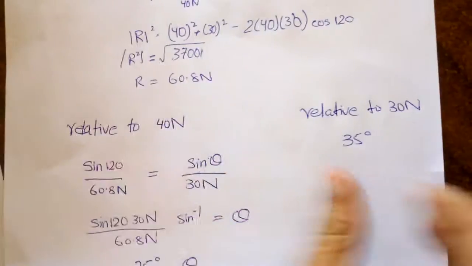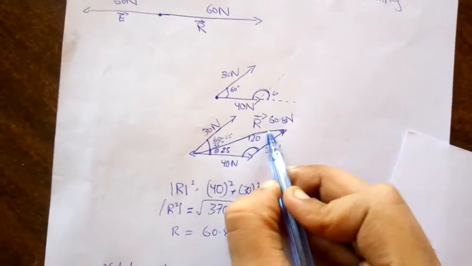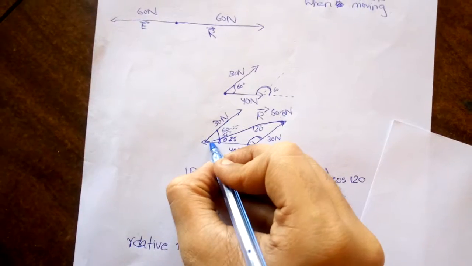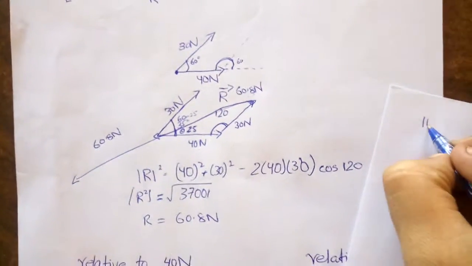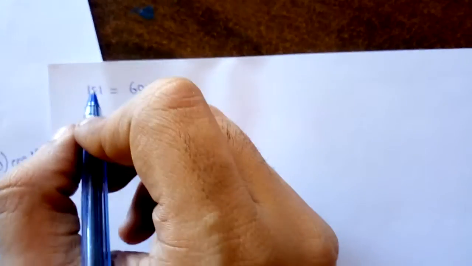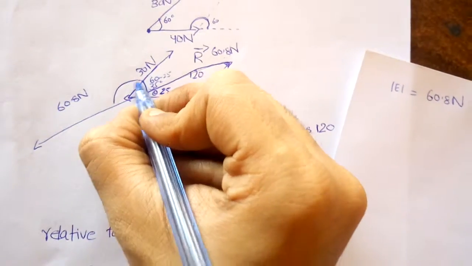And now let's go to the equilibrium. As we know the resultant force is going this way at 60.8 newtons, it's obvious that the equilibrium will go this side at 60.8 newtons. So the magnitude for this one will be the same, 60.8 newtons. Now let's find the angle which is over here, relative to 30 newtons.